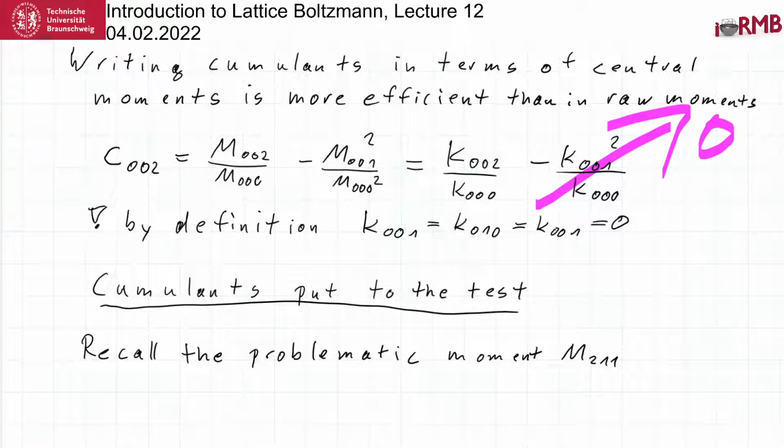So let's recall the problem with the moment M211. The problem that is observed in actual simulations is that depending on what sort of orthogonality you are using, you either have an extreme overdamping of this moment, or you get instability.